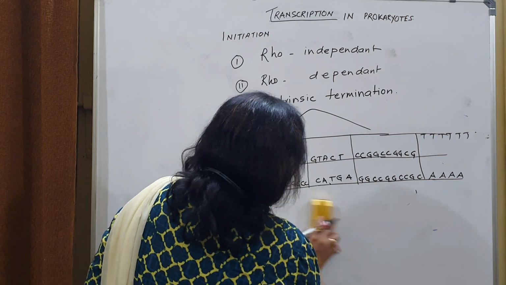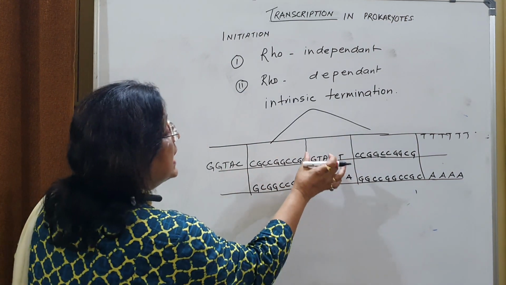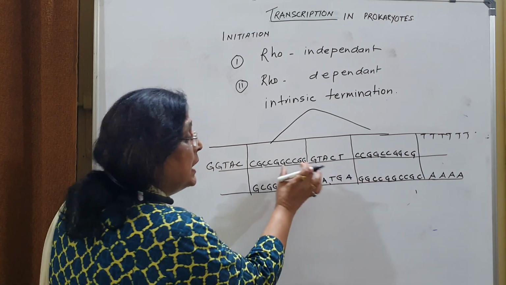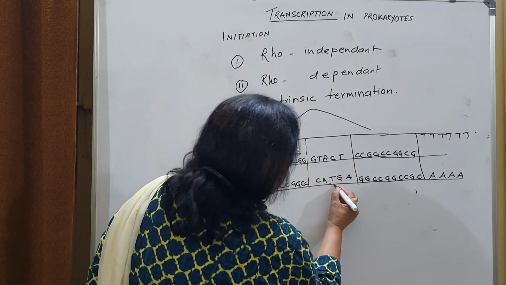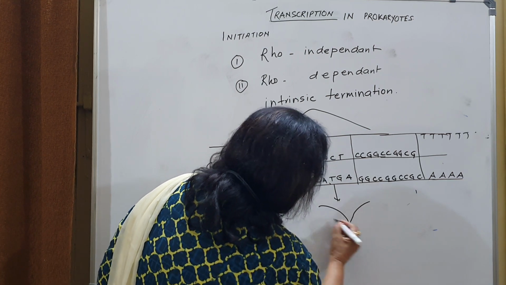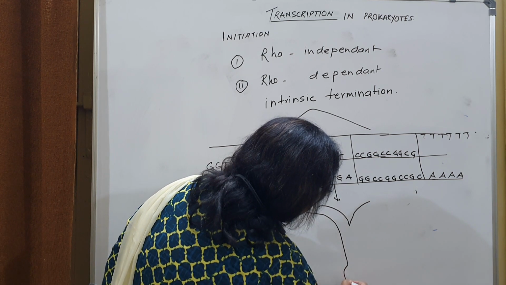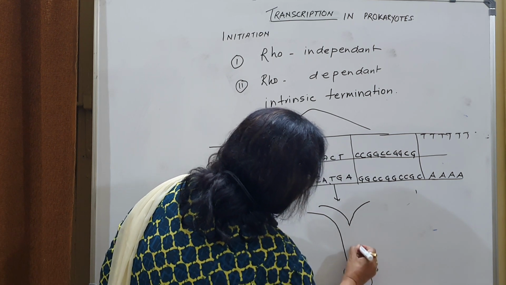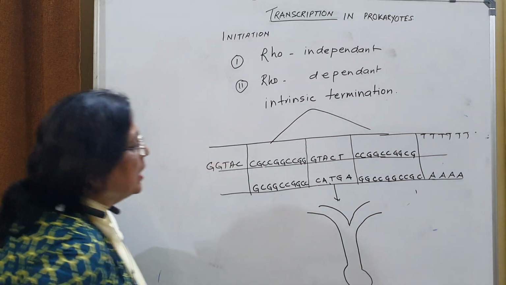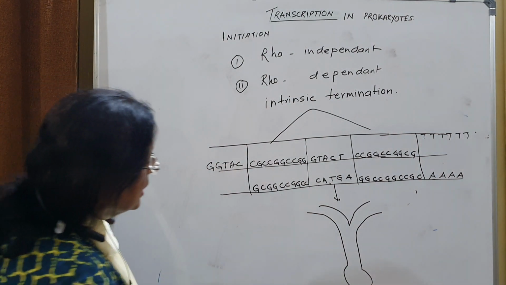The force of attraction, the hydrogen bond is very strong between C and G. So what will happen, this will come down in this way. It will form a hairpin loop like structure.